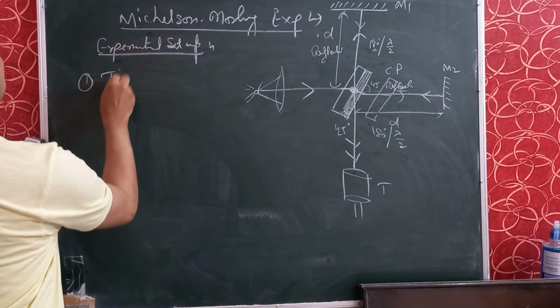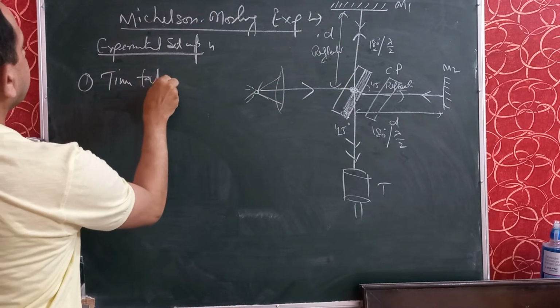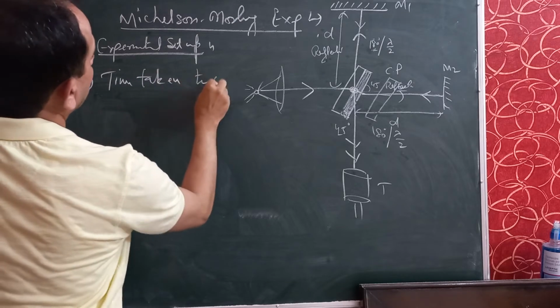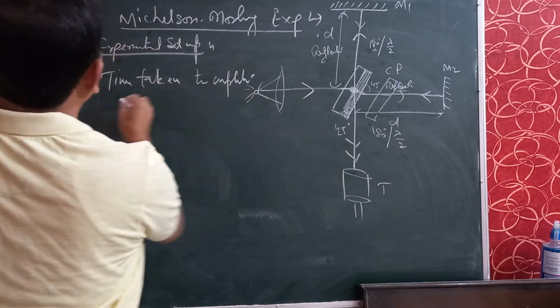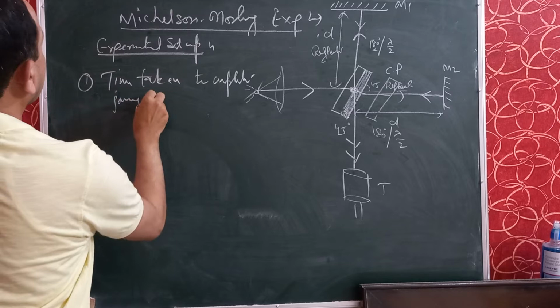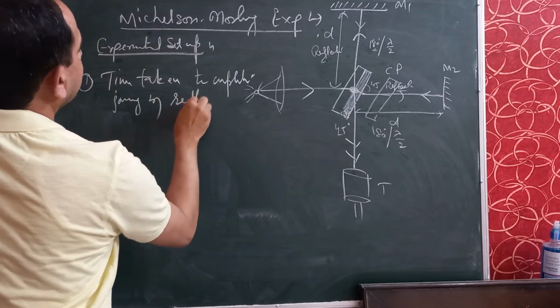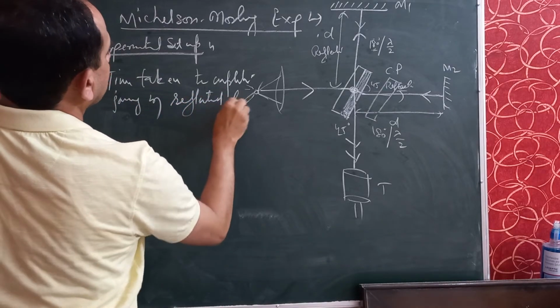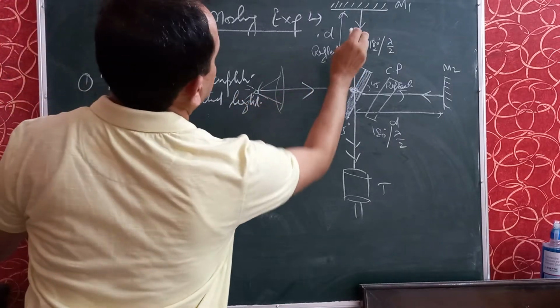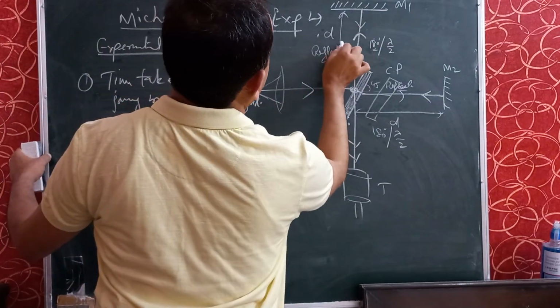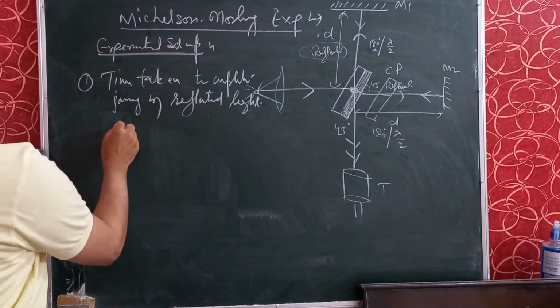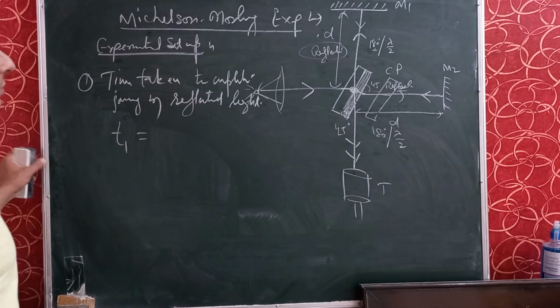So the time taken to complete the journey by reflected light, the first case. Let this time taken be t1.